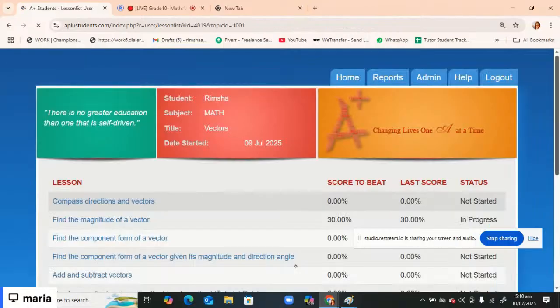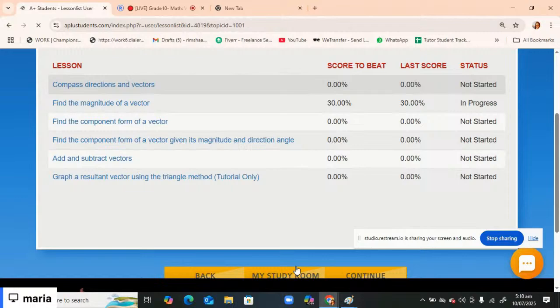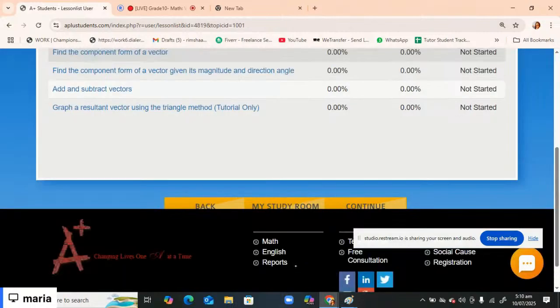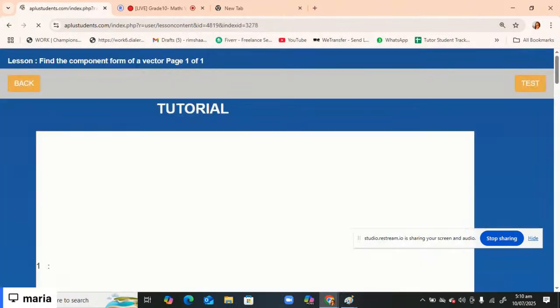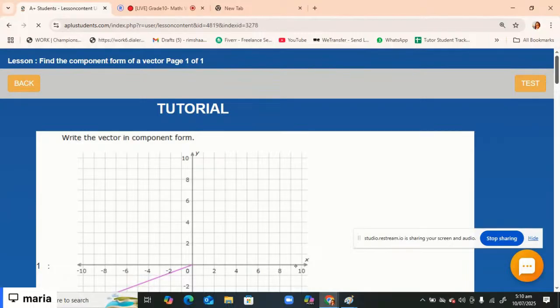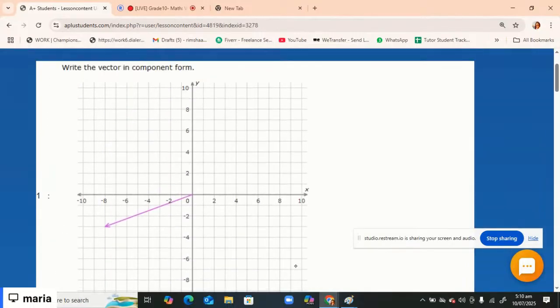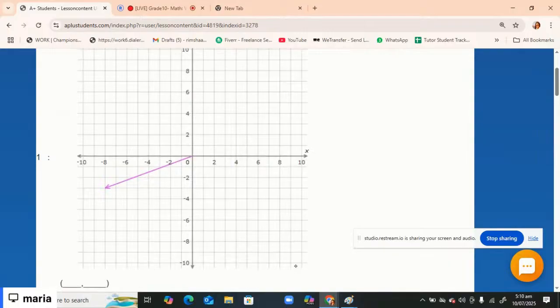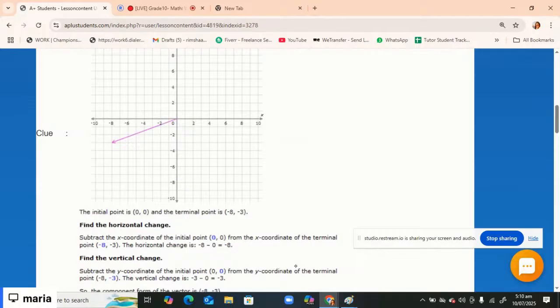So we are just finding the magnitude of that. Now let's find the component from a vector. Look at here. This is basically the four quadrants given. Now how can we find the component of the vector? What is the first point? This is 0, 0. And what is the point where it stops? It's at minus 8 and minus 3.